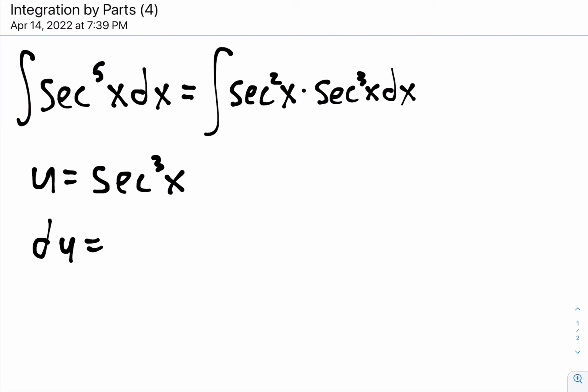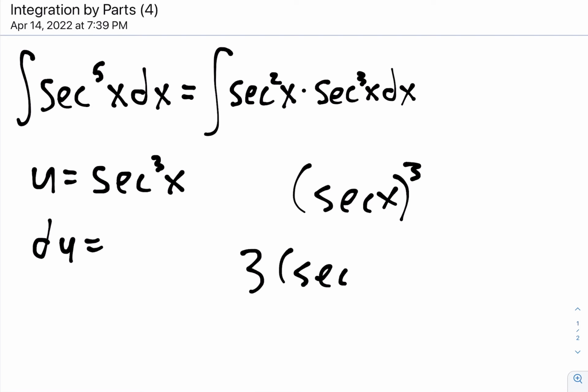du. Secant cubed is really just secant x to the power of 3, right? So if we use our knowledge of differentiation and the chain rule, we know that this is just 3 times the inside, which is secant x squared, times the derivative of the inside.